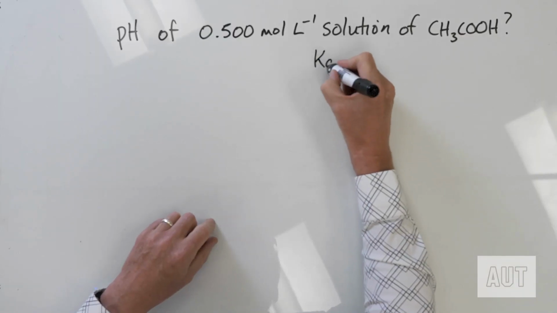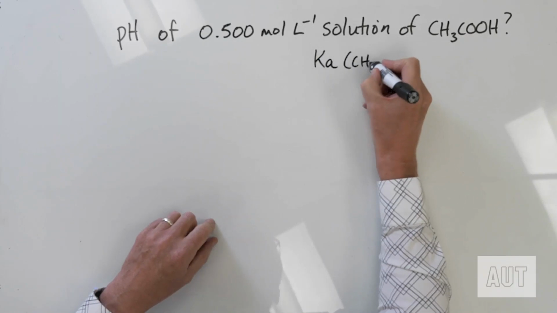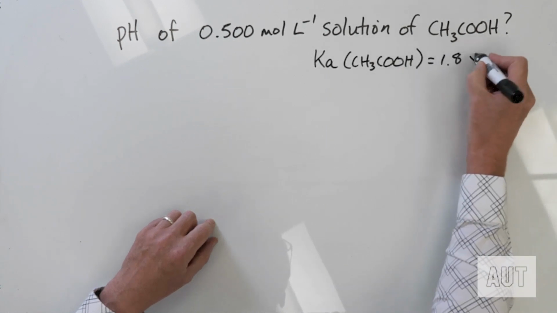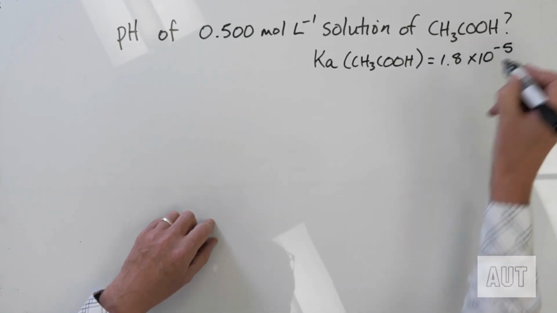Okay, so we want to find what the pH of that is, and the one piece of information that we're going to be given in order to help us with this is that the Ka of acetic acid is equal to 1.8 times 10 to the power of -5.